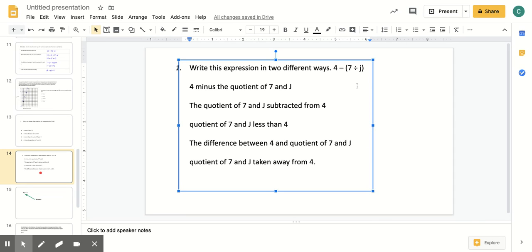What's most important is that I have 7 and j in order so that the dividend is first, the first number is first, and the divisor, the second number, is second. And then that I'm considering that I am subtracting the quotient, as I said before, from the 4 and not the other way around.